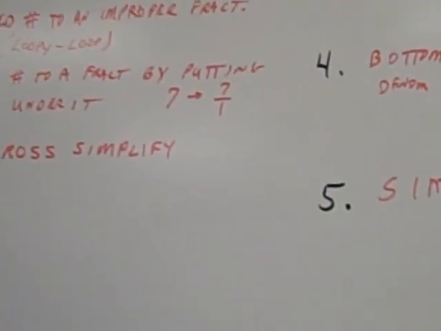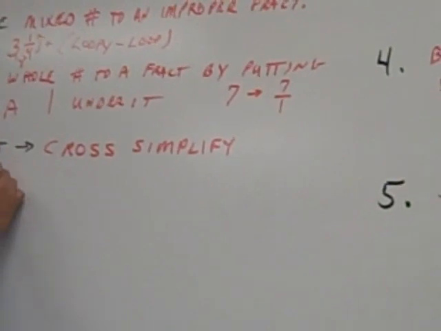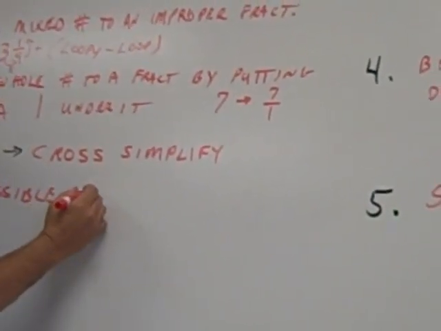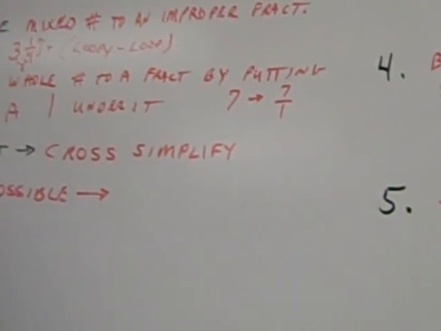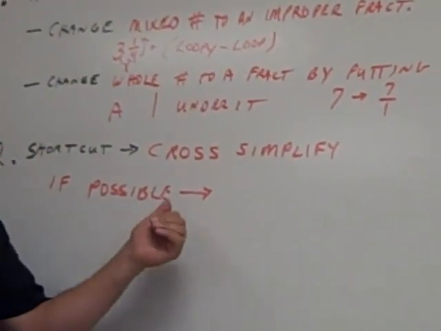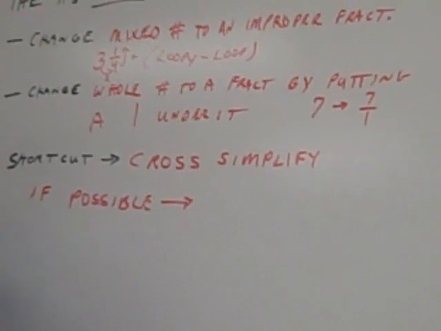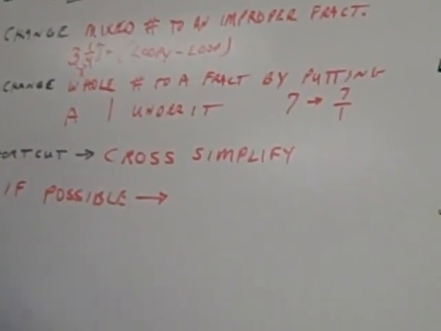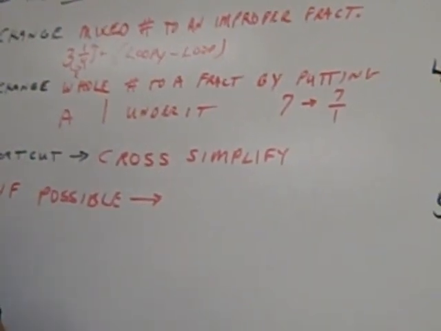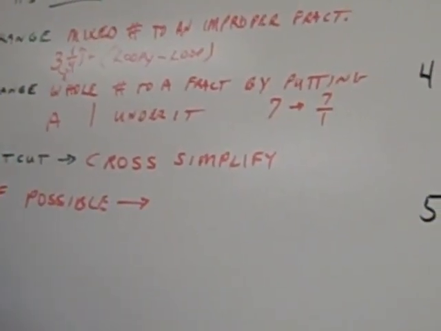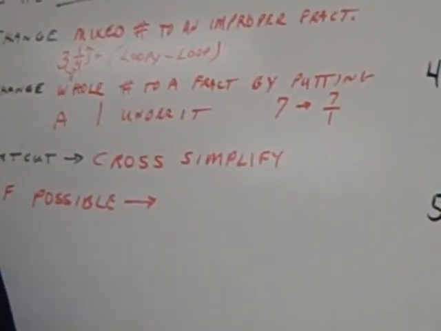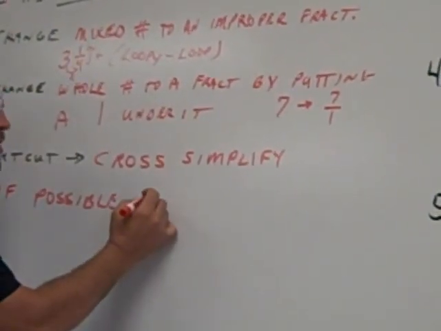Cross simplify. Cross simplify if possible. You writing this down on your shortcut. Now y'all going, well, that's good, but I don't know what that means. Well, here, let me explain what that means.